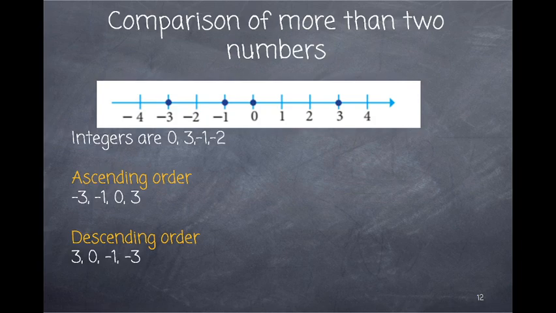If we write a number, then the next number should be less than the first number, and the next number should be less than the number that is to the left of that number. That is how we write the descending order and the ascending order.